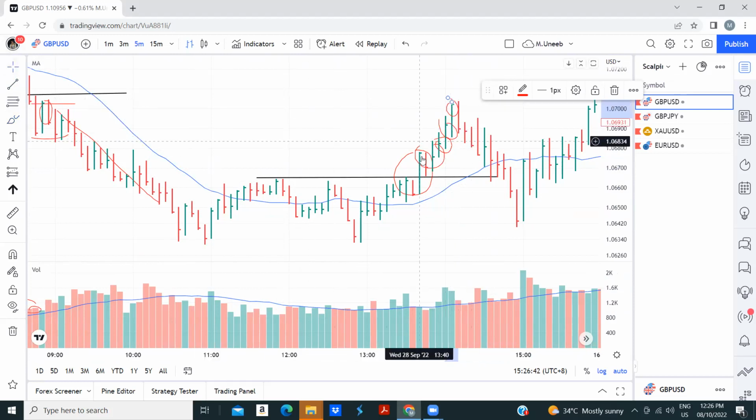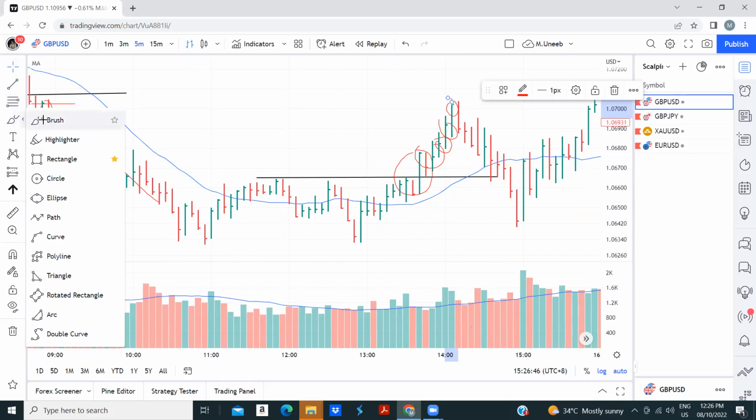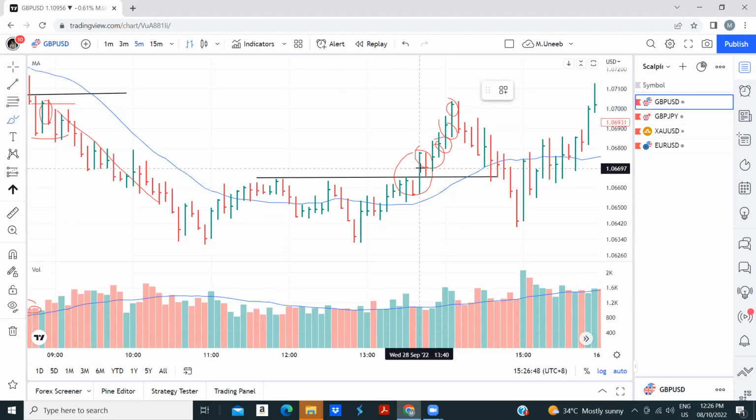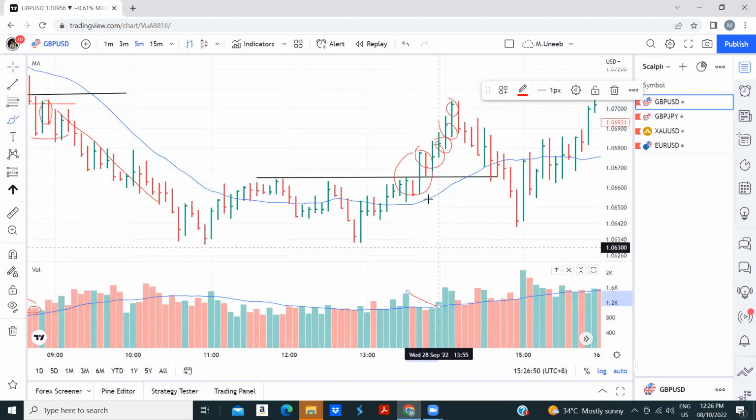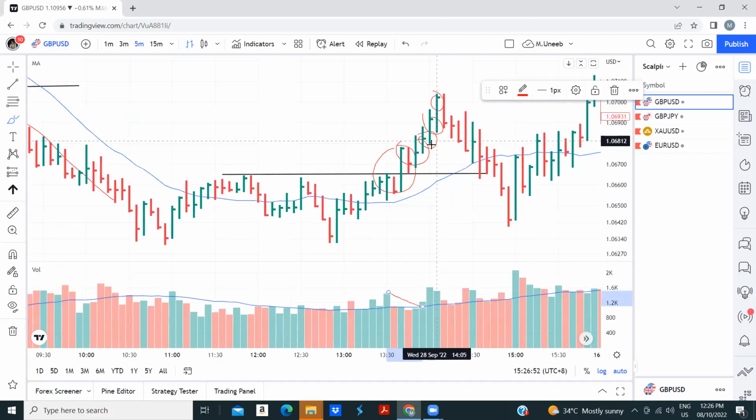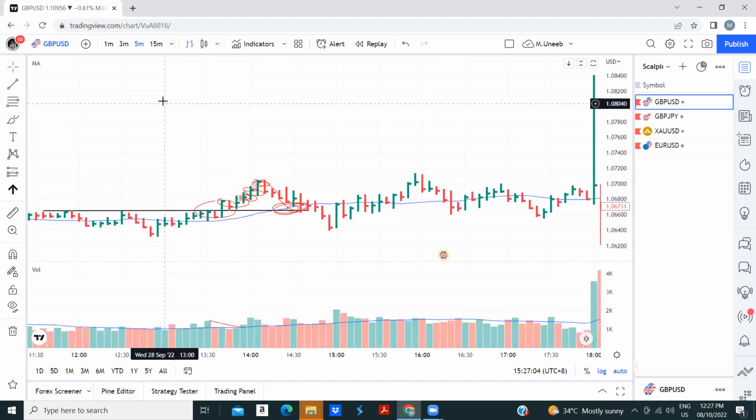So we have a small volume, but when the volume picks up here, what are you seeing? Effort versus no result bar, right? And then it fails. And this will not work. Got it?